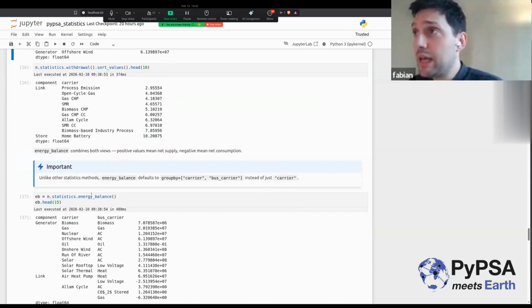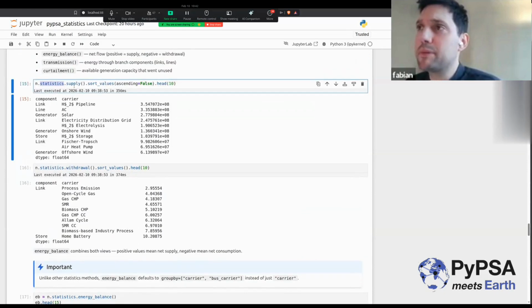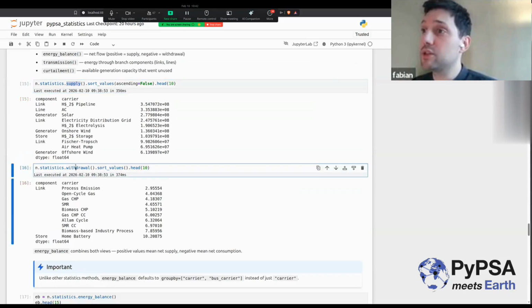Just to make that a bit more clear, supply is what components actually produce as power, as energy carrier. Withdrawal is what they consume. So it's the net consumption. No, sorry, it's rather the gross consumption of a component type. When you think about a load, that is, of course, a withdrawal component, but a link can also be withdrawing energy from the system, right?